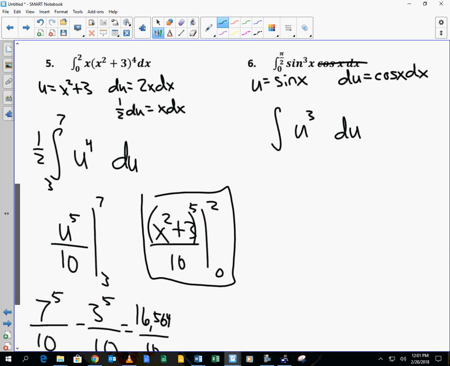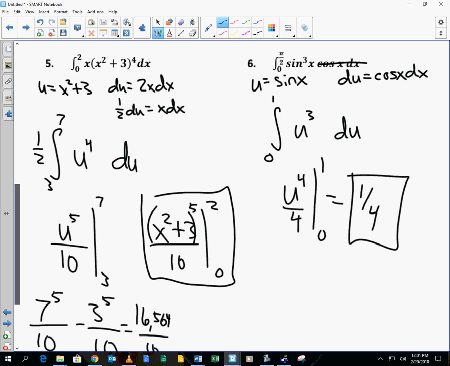I plug in 0. Sine of 0, 0. Sine of pi over 2, 1. What's the antiderivative of u to the third? I'll evaluate it, 1 and 0, and I get 1/4. It's kind of cool, huh? That's it.